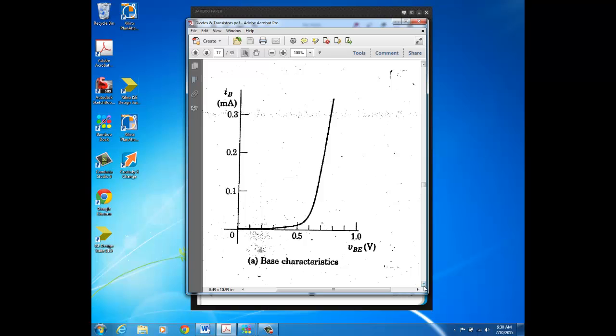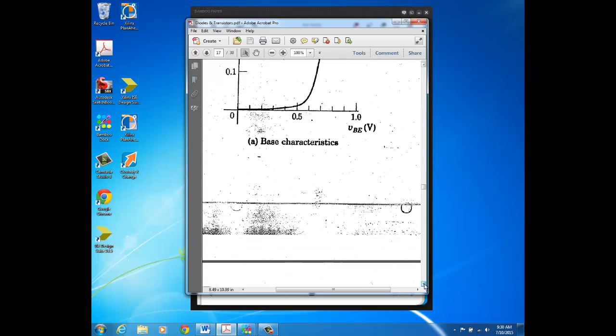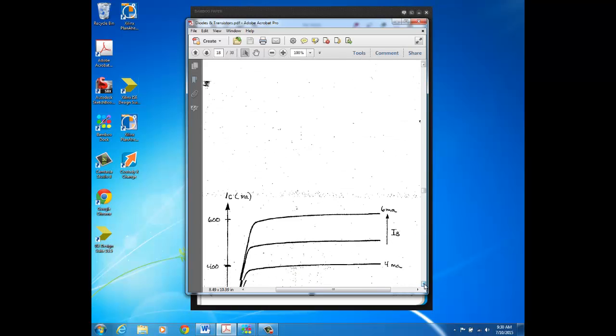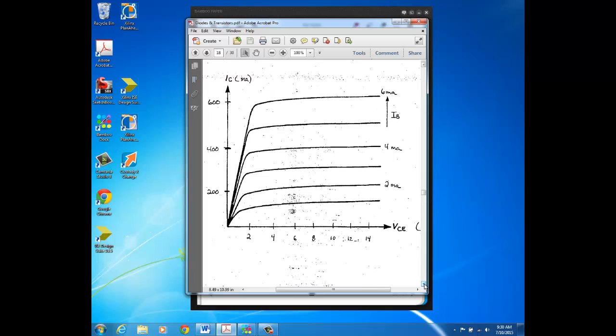Alright, now that's not the only IV characteristic that defines a BJT, because we also have to look over at the collector side, and this is what collector current versus collector to emitter voltage looks like. And what these various curves are here, these are constant base current curves.